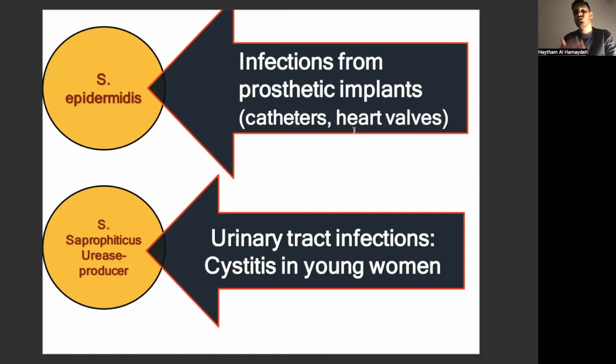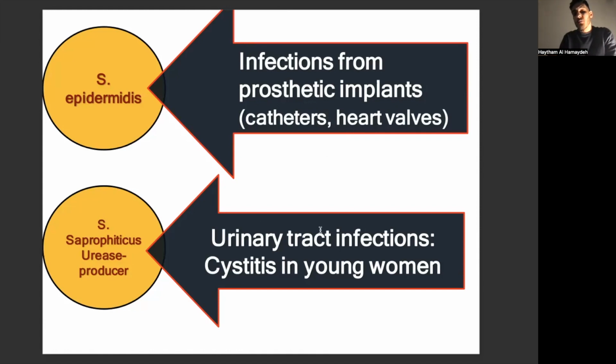The difference between those two is that Saprophyticus is not a catheter-related bacteria, but what it does is that it would break down urea, and breaking down of urea down this pathway at the end would result in production of stones, and they are able to give a UTI infection or endocarditis, and also able to give stones for the patient within their urinary bladder.